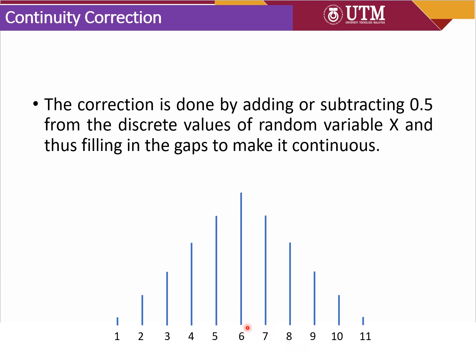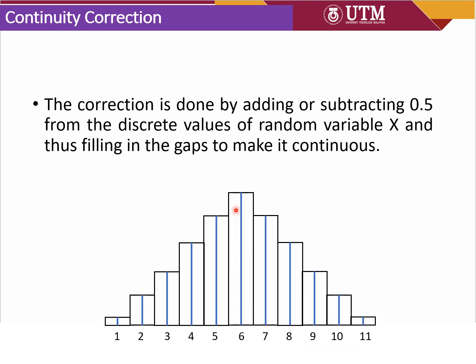So how can we approximate this discrete data, where each one is just a value, a whole number, an integer? How can we make this continuous, where we can use the normal approximation?